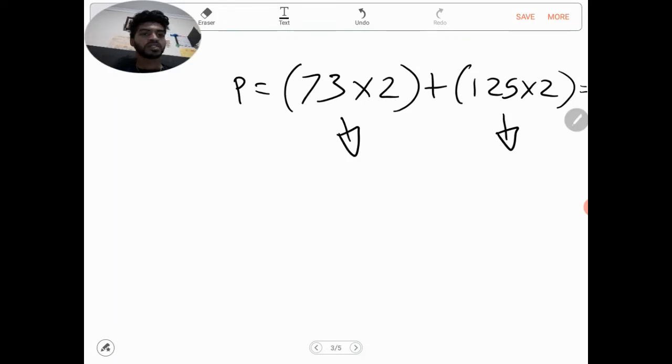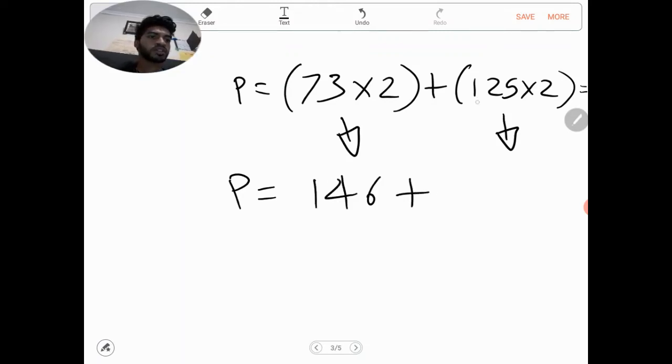So that number sentence could be rewritten as 73 times 2 is 146 plus 125 times 2, which is 250. Right, so now I just do 146 add 250.